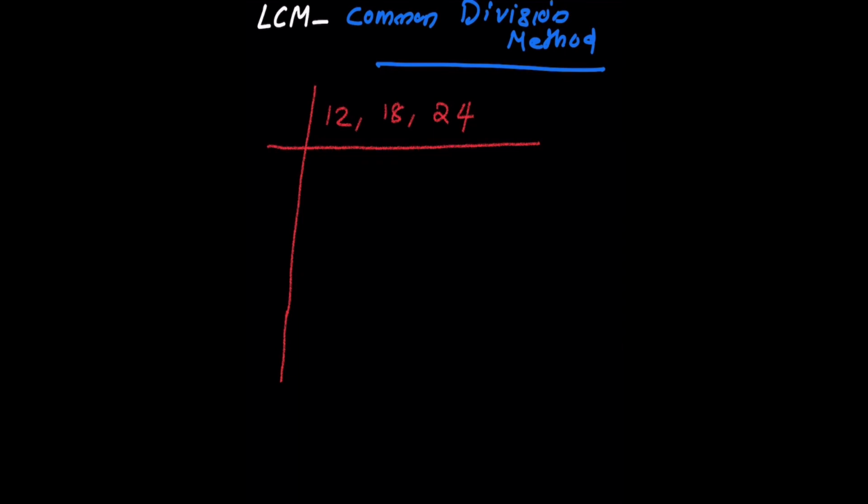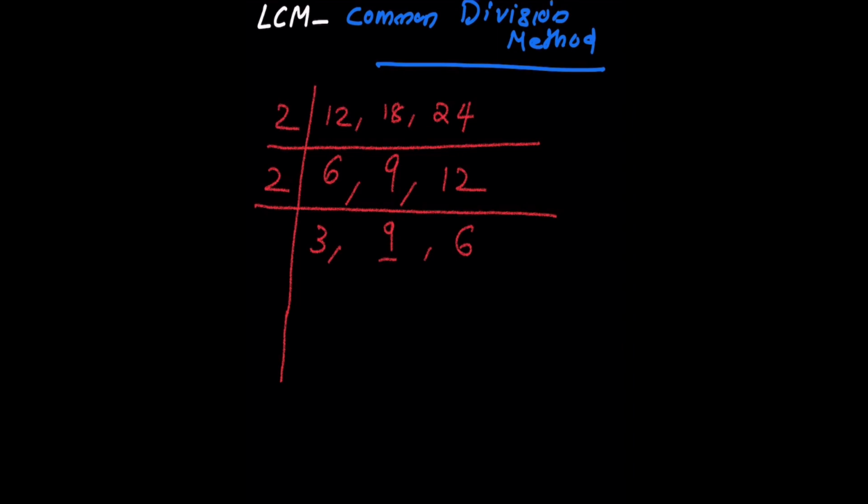The lowest common factor of 12, 18 and 24 is 2. 6 twos are 12, 9 twos are 18 and 12 twos are 24. Again we divide with 2. 3 twos are 6. We can't divide 9 completely with 2, but just bring down 9. Then 6 twos are 12. Then we divide with 3. 1 three is 3, 3 threes are 9 and 2 threes are 6.